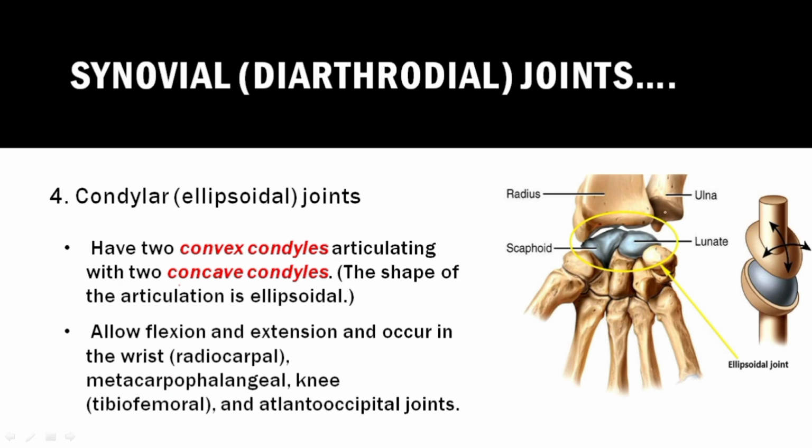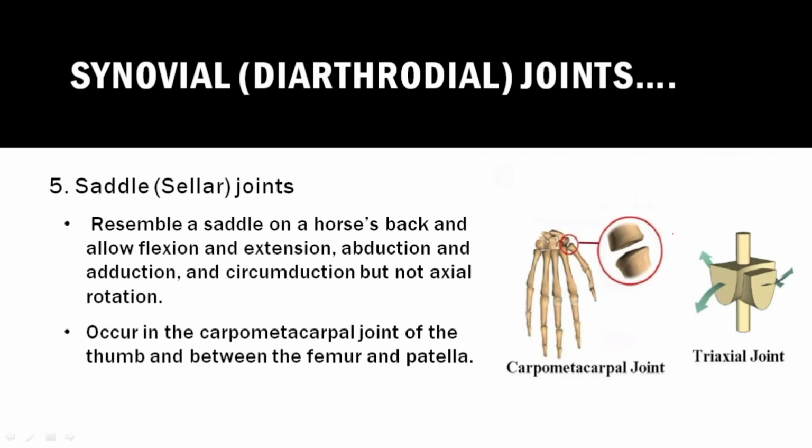We can see here we have these two bones, that is the scaphoid and the lunate, forming the convex condyles, and then the radius and ulna, and these other joints forming the concave condyles, illustrated also here.